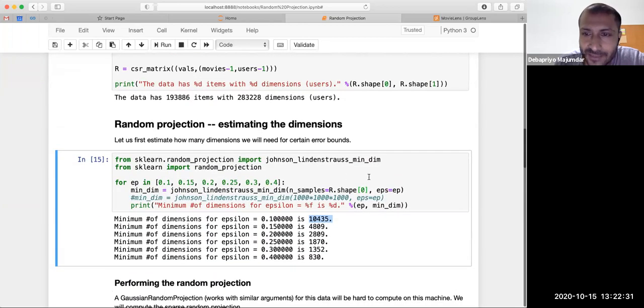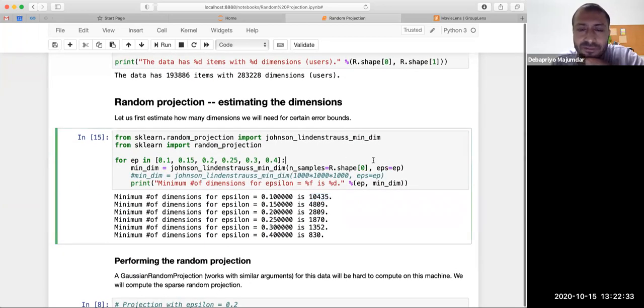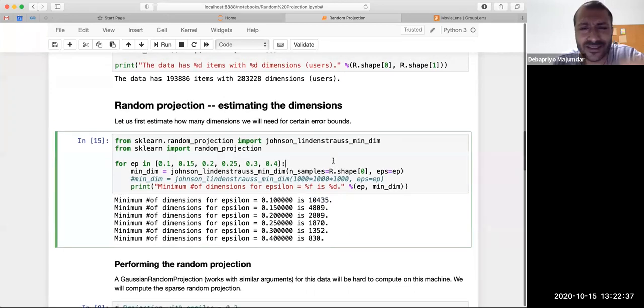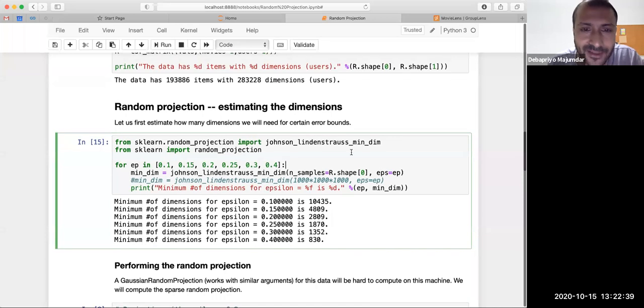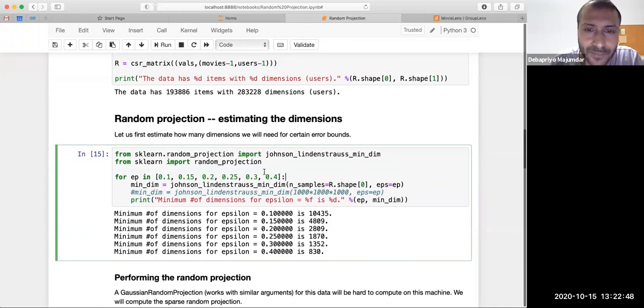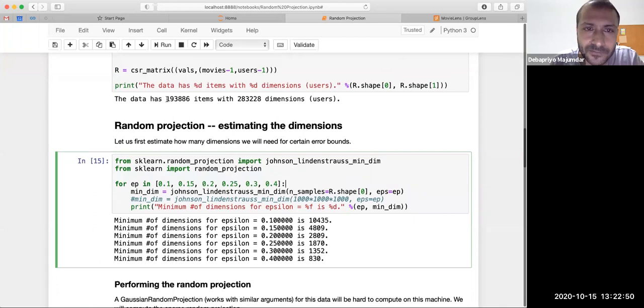Yes, it should be R.shape[0]. I'm sorry, you're right. When I did this, thinking in my mind, rows and columns got interchanged. So this is what happened. Now everything falls in place. We have so many items, and for so many items, 10,435 is what we need.